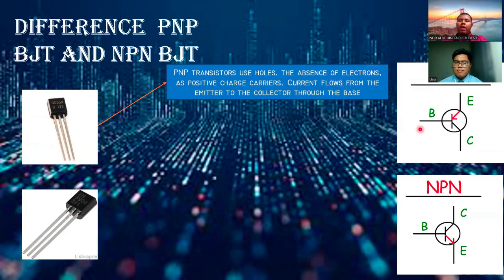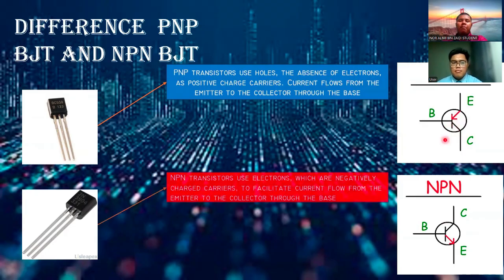Current flows from the emitter to the collector through the base, while an NPN transistor uses electrons, which are negatively charged carriers, to facilitate current flow from the collector to the emitter through the base.